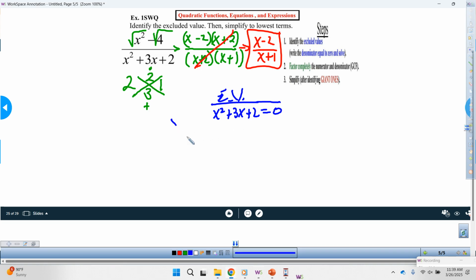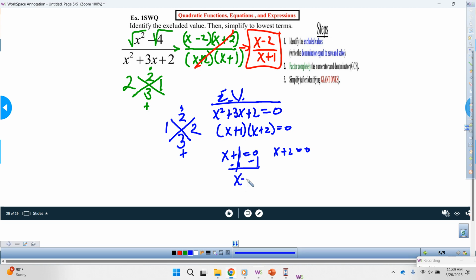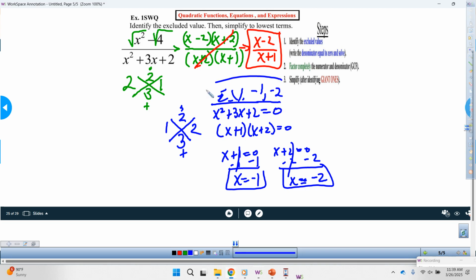Factor, yes. So x plus 1, x plus 2, equal to 0. Set each one equal to 0. Minus 1, x equals negative 1. Minus 2, x equals negative 2. So my excluded values are negative 1 and negative 2.